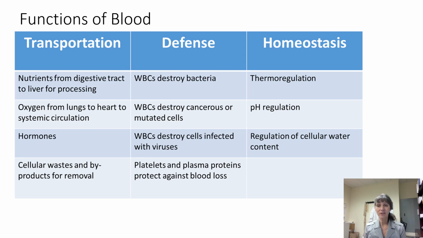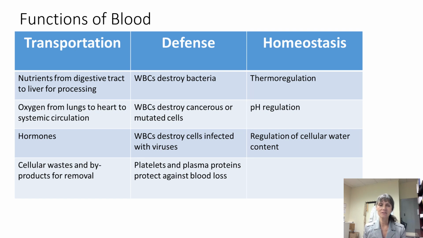There are three main functions of blood, including transportation, defense, and homeostasis. In terms of transportation, remember that whenever we eat food, those nutrients that come from the digestive tract go into the bloodstream and will go to the liver for further processing and then be sent throughout the body to deliver those nutrients to other cells.